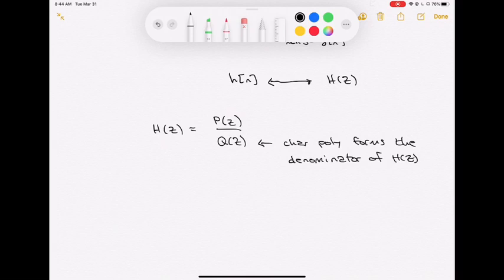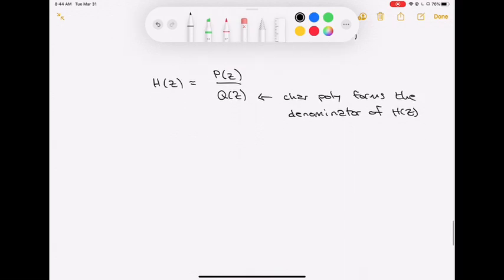What do we know also about the characteristic polynomial? If you find the characteristic polynomial's roots, you get the characteristic modes, and those characteristic modes tell us how the system wants to release energy. If those modes grow with time, the system is an unstable one. If those modes decay with time, it's a stable one. So we can also assess things like system stability just by taking a look at the denominator roots, what are called the poles of our transfer function.